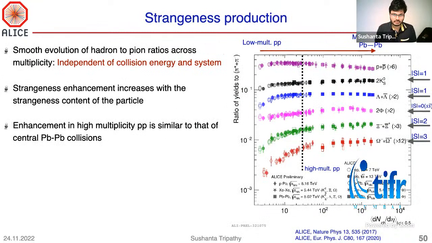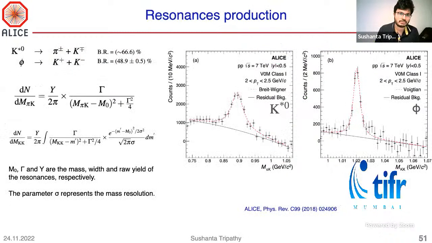Okay, with this, I will move to the production of resonances. In ALICE, we measured several resonances. The key ones here are K star 0 and phi. For these cases, we do invariant mass spectra analysis as well. Here we have invariant mass spectra for K star 0 and phi.